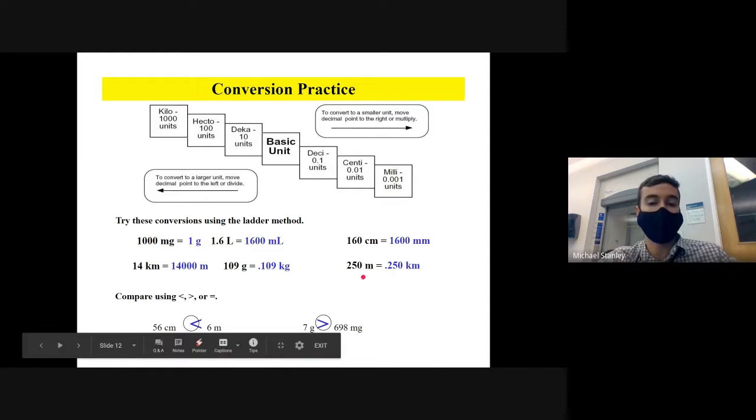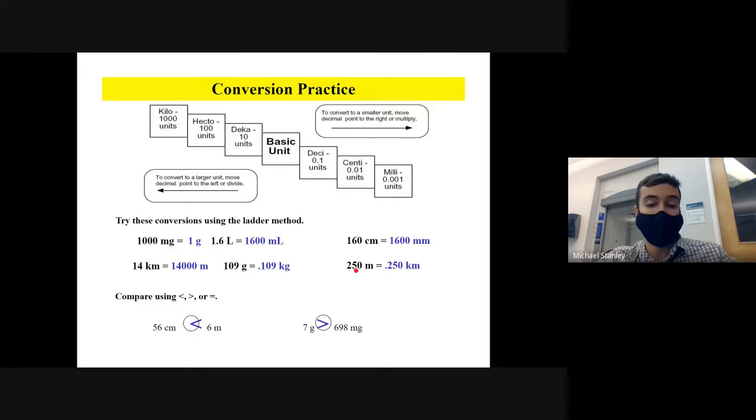So I started with 250. If I take that decimal point 1, 2, 3 jumps to the left, now I don't have 250 anymore. I have 0.250.